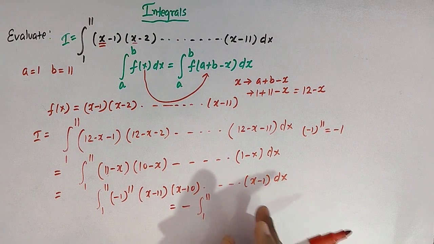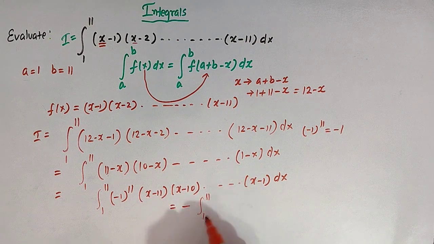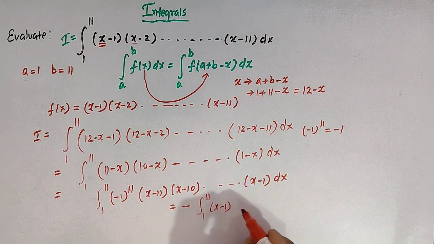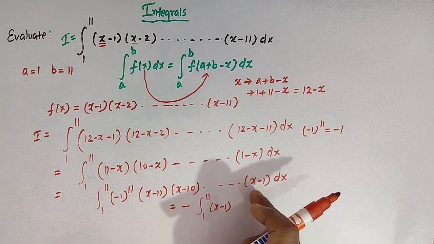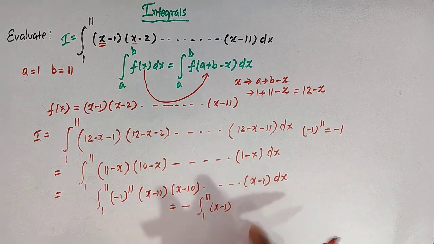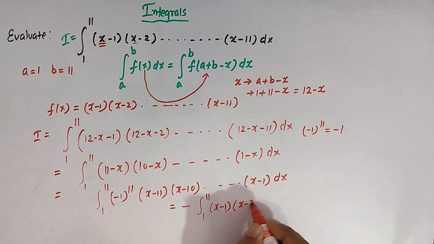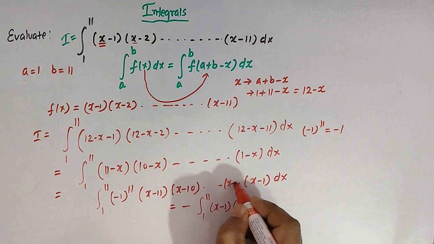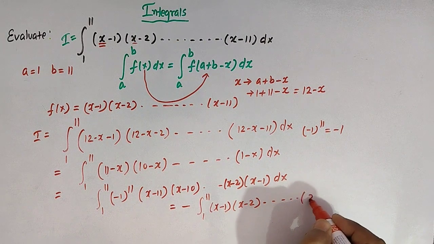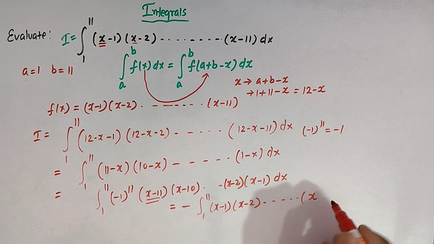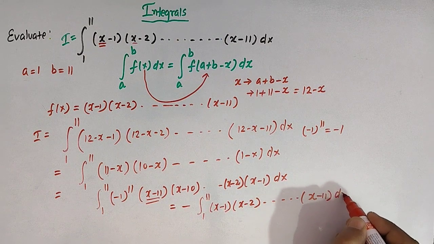Now let us rewrite this expression with x minus 1 as the first factor, which means we reverse the order of factors. So we have x minus 2 next, and then the last factor, that is x minus 11.